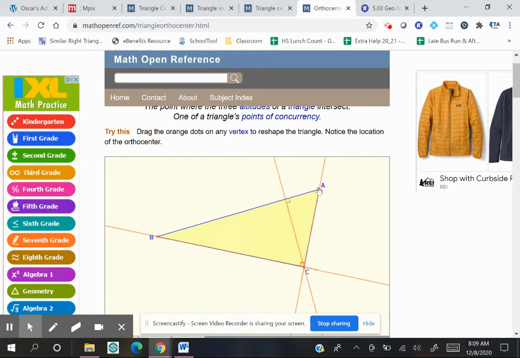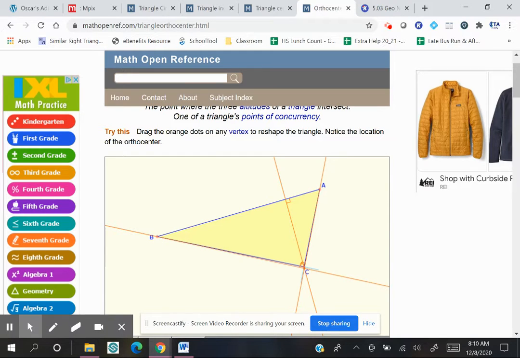And then if we make this into a right triangle, they meet right on the triangle, because now your orange line is actually on top of one of the sides of the triangle because it's drawn from a vertex perpendicular to the opposite side. Well, that side is perpendicular to the other side because it's a right triangle.